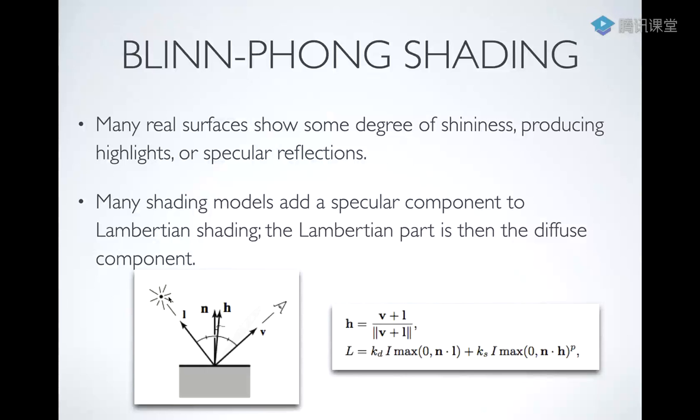If we add them together, this forms a diamond shape, and this diagonal is actually the middle of these two directions. We normalize it to get the h direction, which is often called the half angle direction.